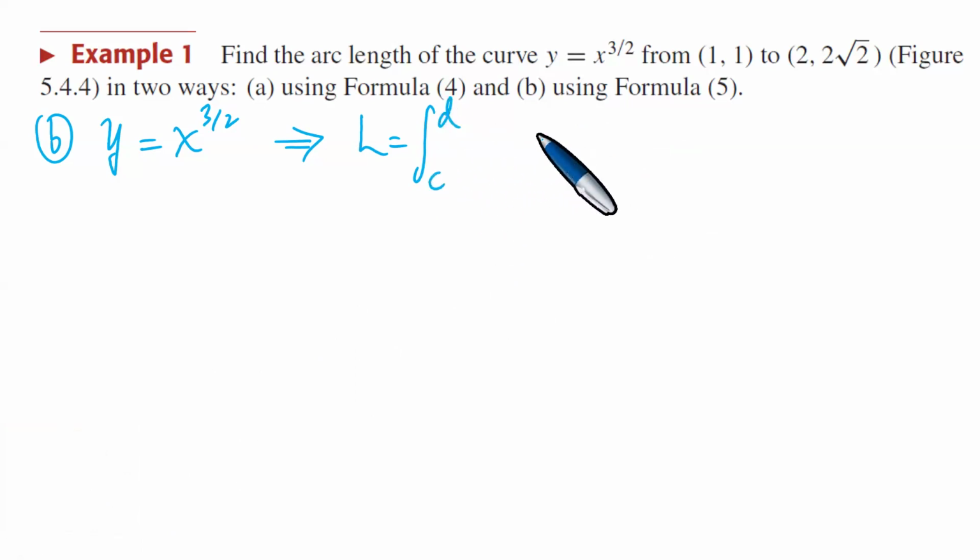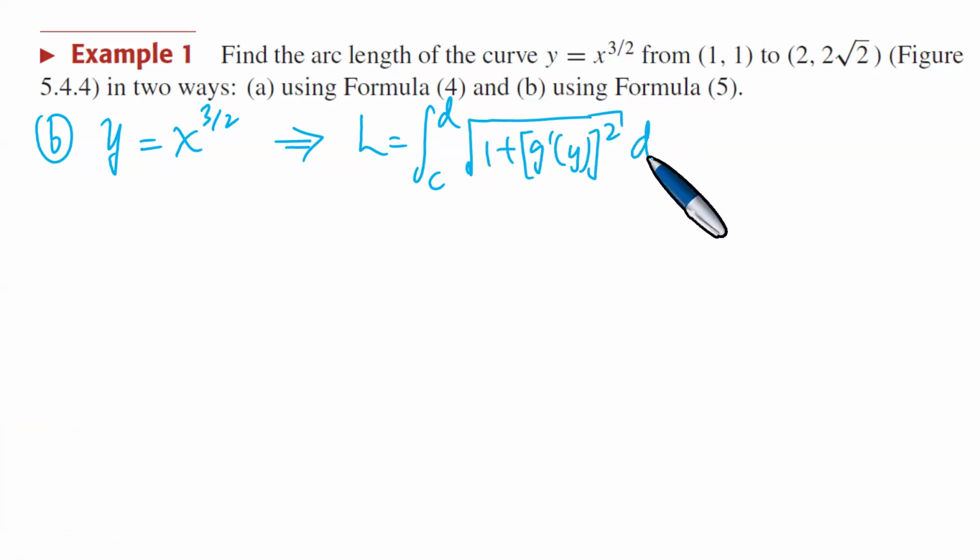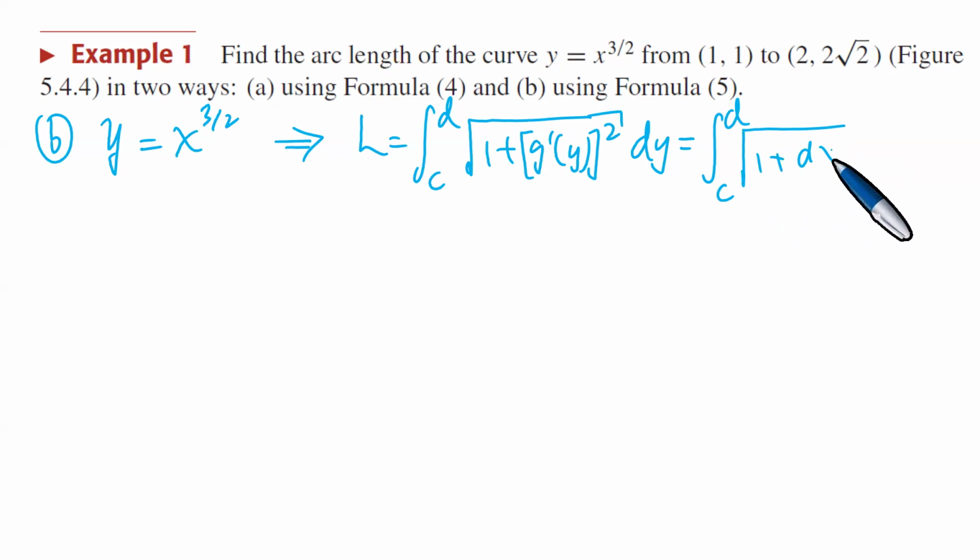You have c to d, then you have 1 plus g prime of y, you square it, dy, which is the integral from c to d of 1 plus dx/dy squared, dy.